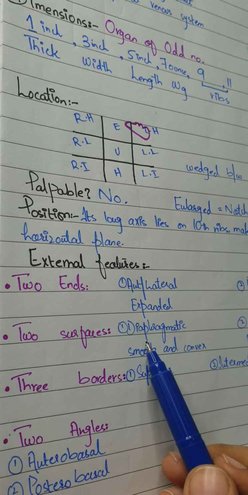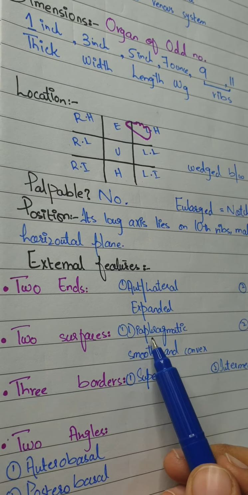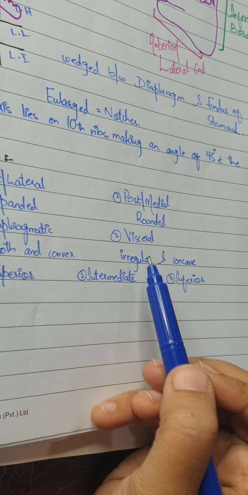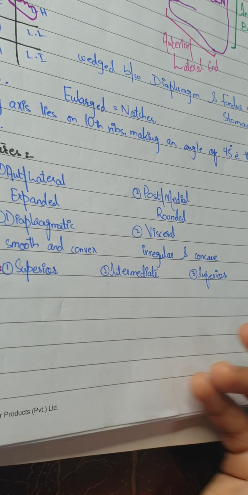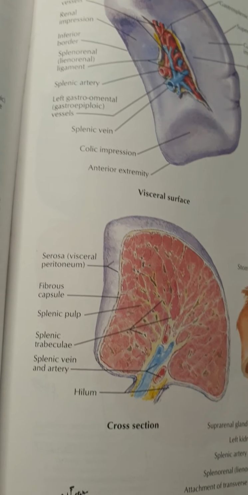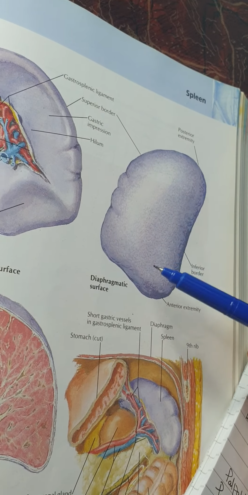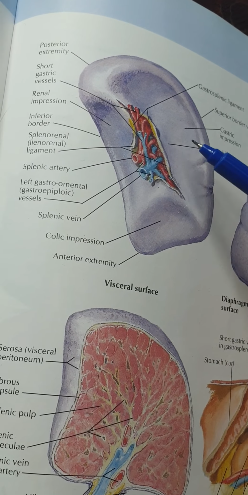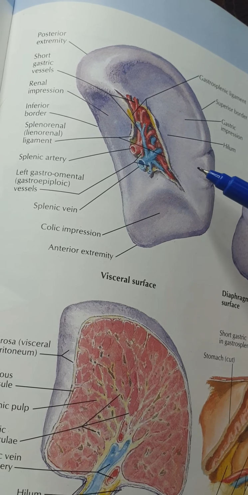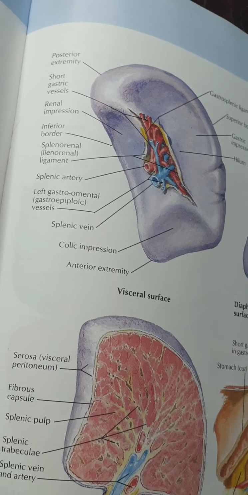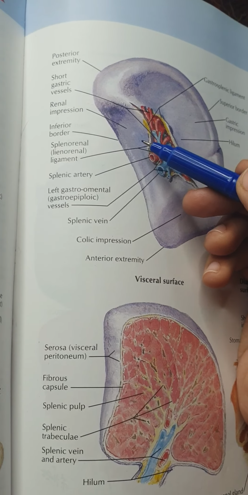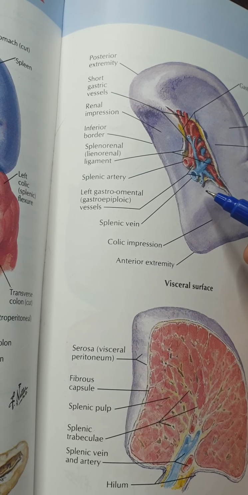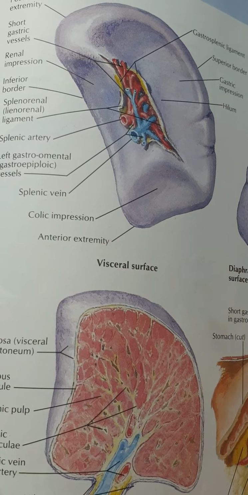These are the diaphragmatic surface, which is smooth and convex, and the visceral surface, which is irregular and concave. See here, the diaphragmatic surface is smooth and convex, whereas the visceral surface is not smooth, it's irregular and concave. And it has 4 impressions: the gastric impression, renal impression, pancreatic impression for the tail of pancreas, and colic impression.